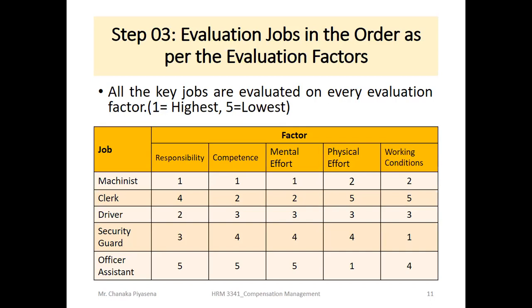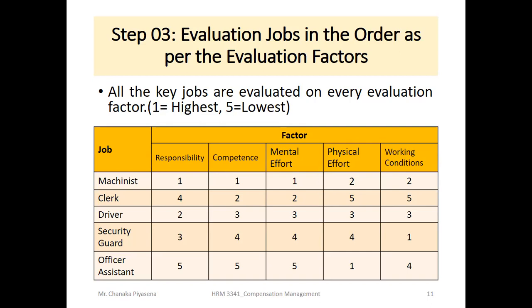As the first two steps, in the first step we identify key jobs. As the second step, we identify evaluation factors. Based on the evaluation factors and based on the selected key jobs, we can identify the relative worth of the key jobs.